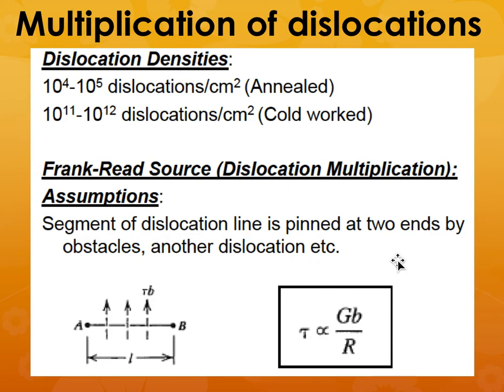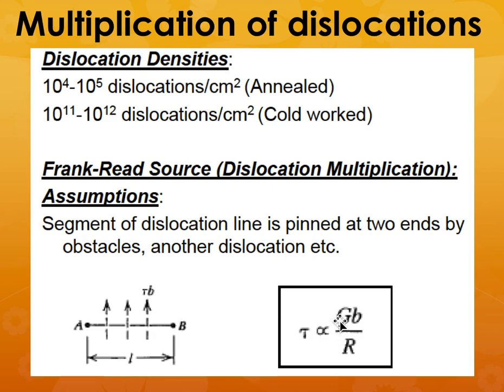And how does that happen? Think about this dislocation as a line between two atoms. They have been held taut between two atoms. They are pinned at two ends by obstacles, another dislocation, etc. What is the force required in order to move that?